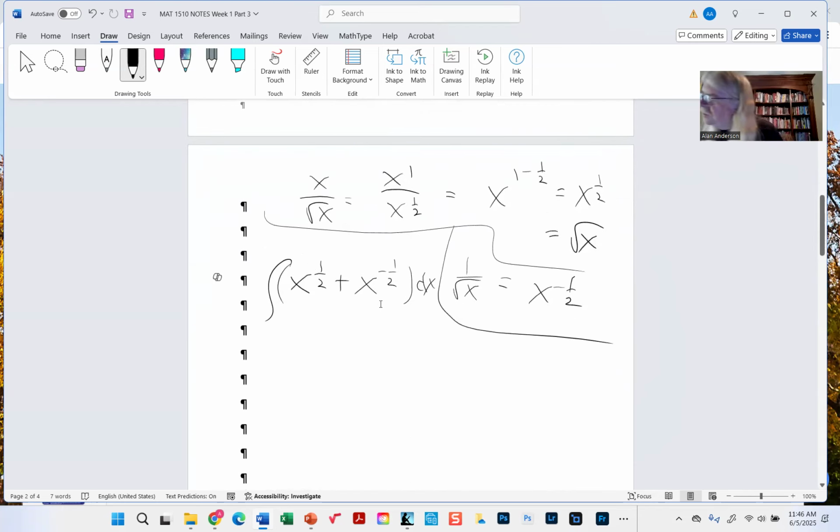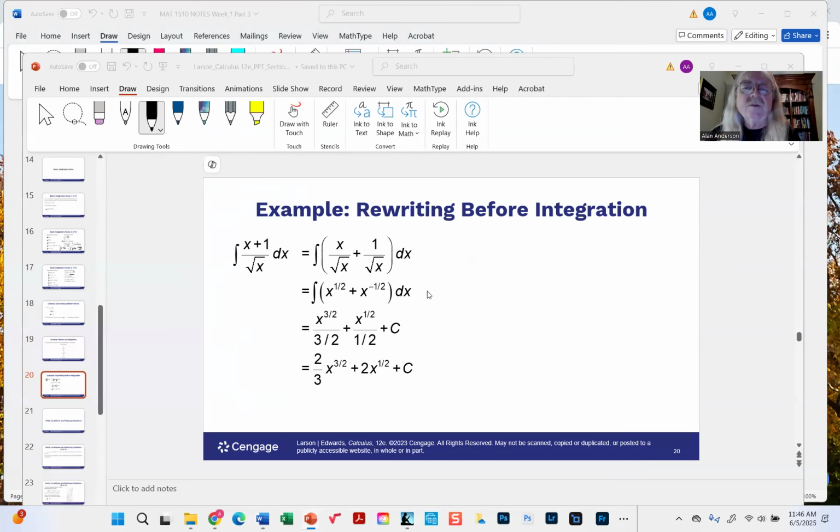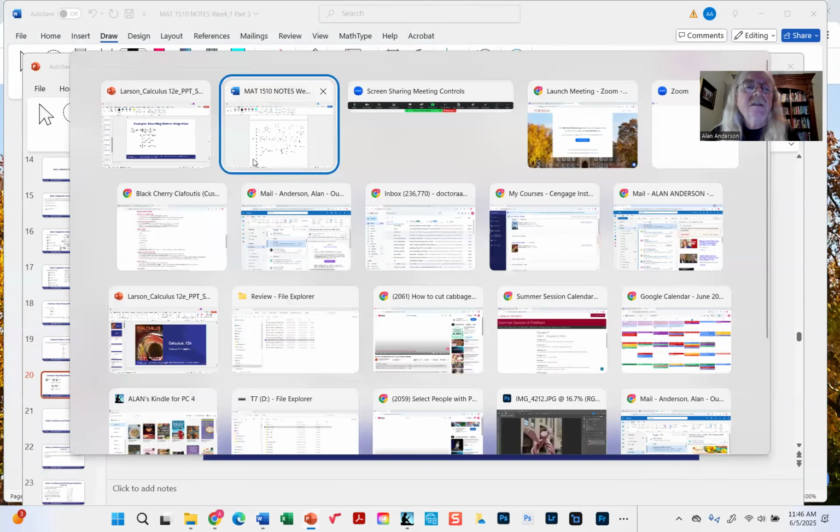Now, I can use my rule to integrate the terms individually and then add them up. We did see in the list at the very bottom, we know how this rule works. Where are we?